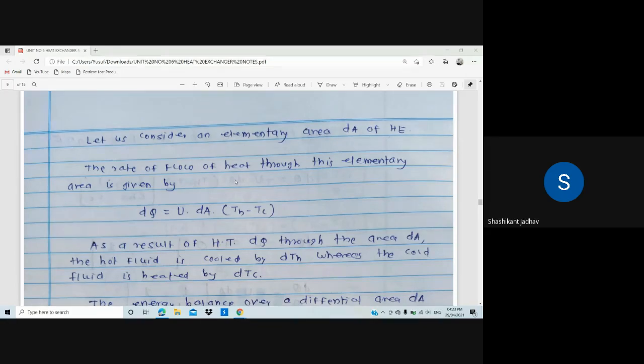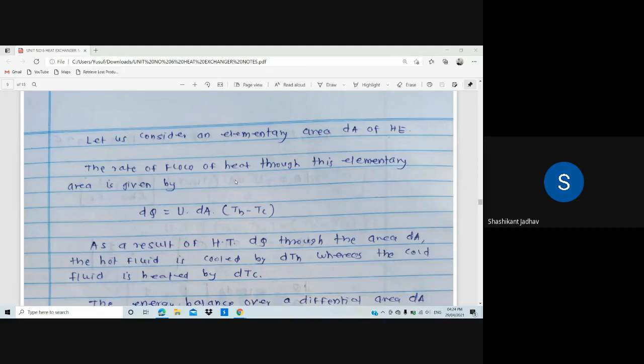Okay, so dq is equal to, we know the standard equation, U into area into temperature difference, because U is nothing but the overall heat transfer coefficient and that is the same. Area काय असणार आहे small elementary area चा dA, and the temperature difference for that particular small elementary area is Th and Tc. Okay, so Th minus Tc. All of you write down that equation.